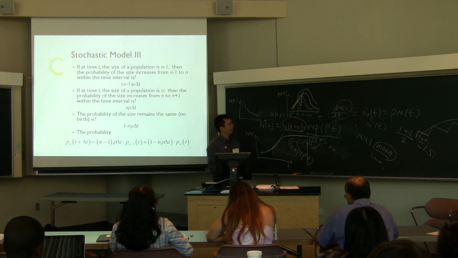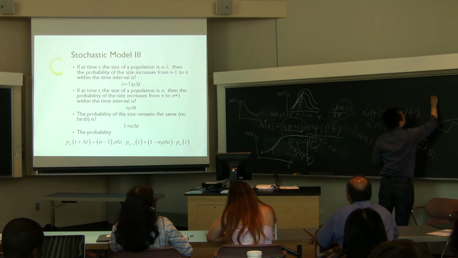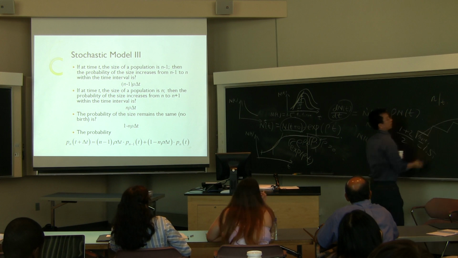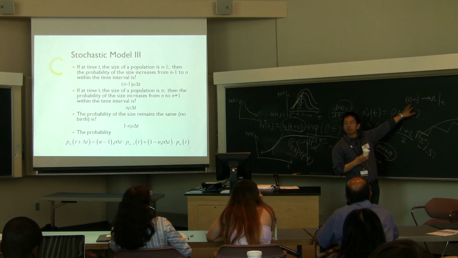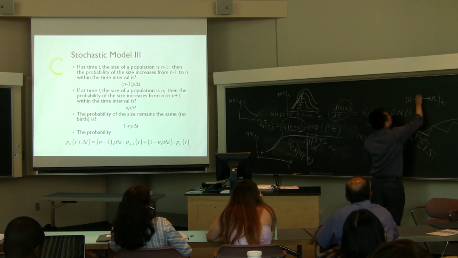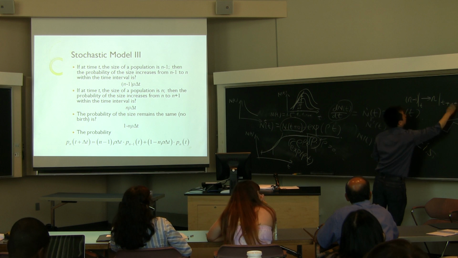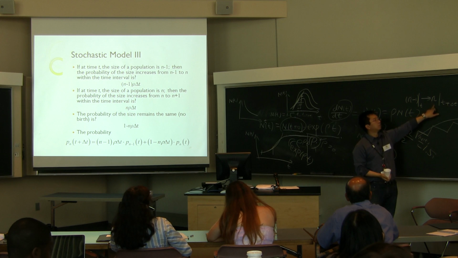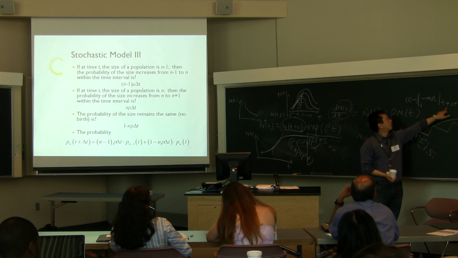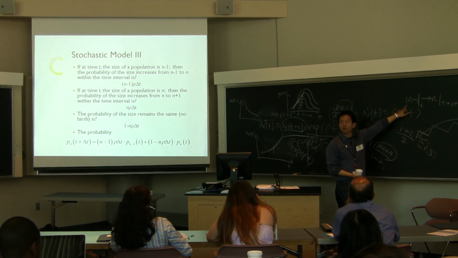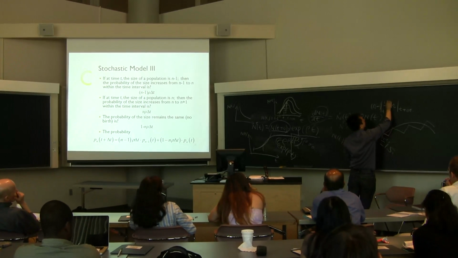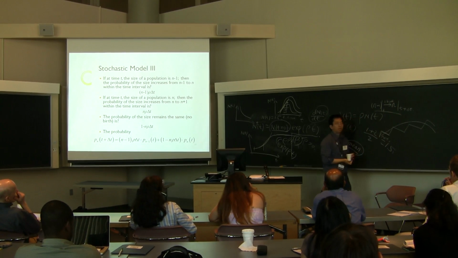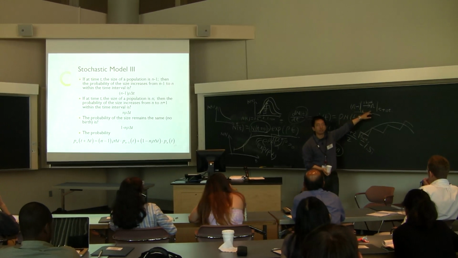For example, if I have n cells at time t plus delta t, I can start from n minus 1 cells at time t, and if I have only one birth, then I start from here and get here.